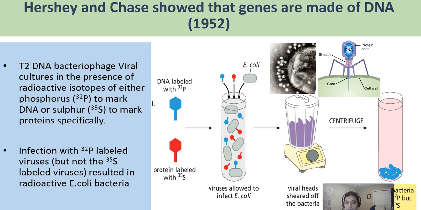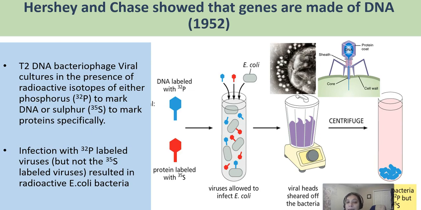The bacteriophage viral cultures were made either in the presence of the radioactive isotope P32, or phosphorus, which would specifically mark the DNA because of the sugar phosphate backbone that it has, or they used S35, a radioisotope, which would specifically mark proteins because DNA does not contain any sulfur.